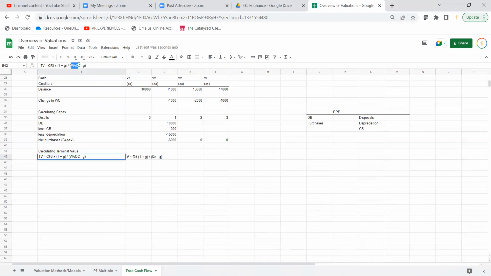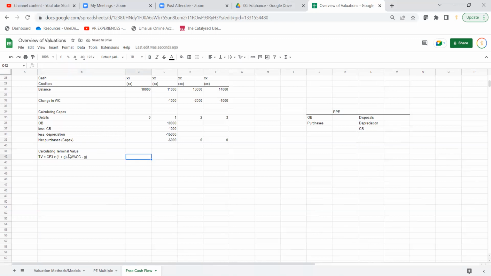The discount rate for a business is WACC. The discount rate for dividends is the cost of equity. And then we're using the same growth rate. See the similarities, see the differences.